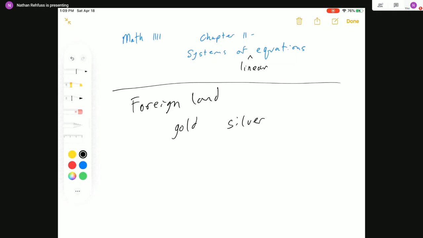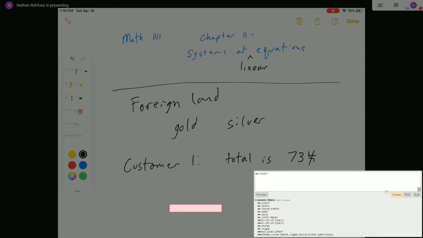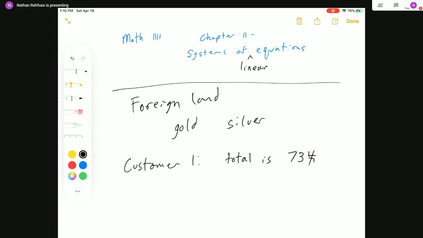So let's see. The first customer in line, they get up to the till and their total is 73 fantasy dollars. Their total is 73 fantasy dollars, and they pay 5 gold, and they overpaid a little bit, so they get 3 silver as change.